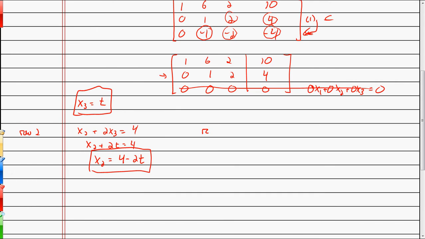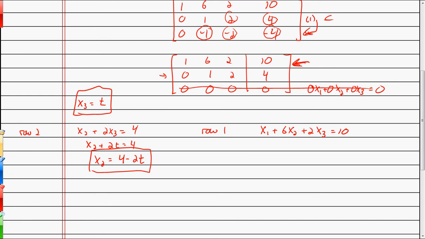So then if I go to row 1, now remember I'm just doing back substitution, that says x1 plus 6x2 plus 2x3 equals 10. Right? I'm just looking at this row right here.